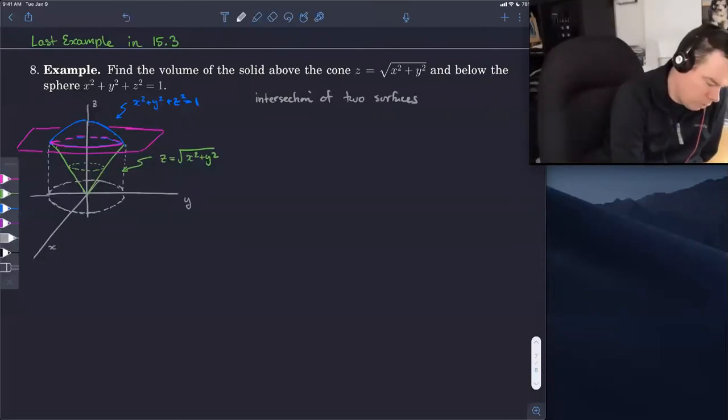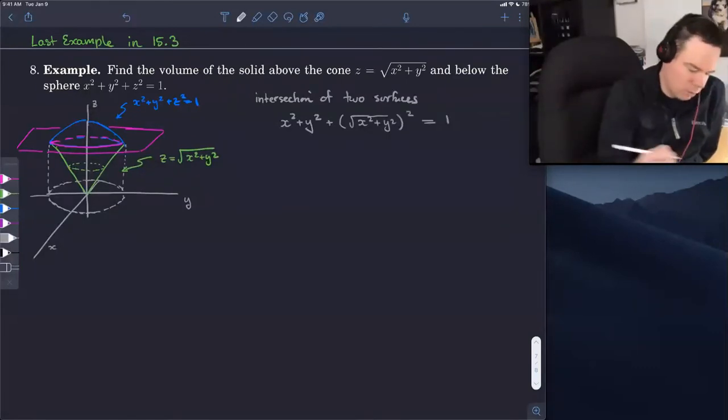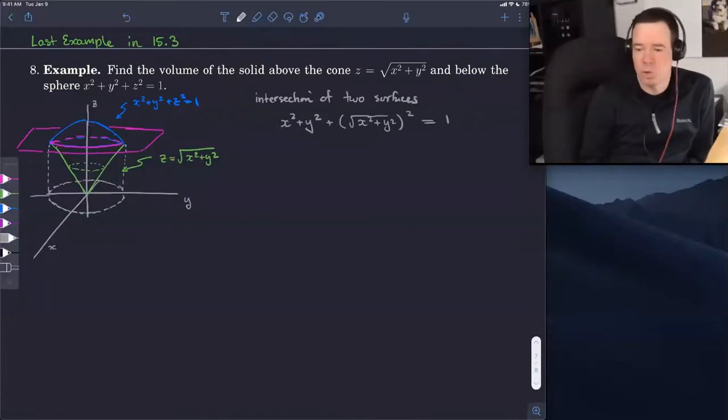Well, we want to see when these two surfaces have common points. So we've got x squared plus y squared plus z squared, but z is given by the square root of x squared plus y squared from the other surface.